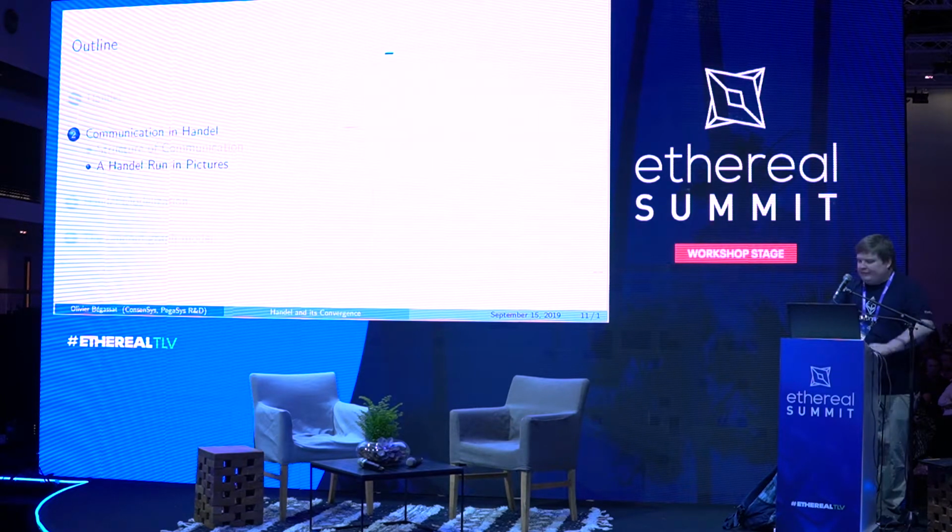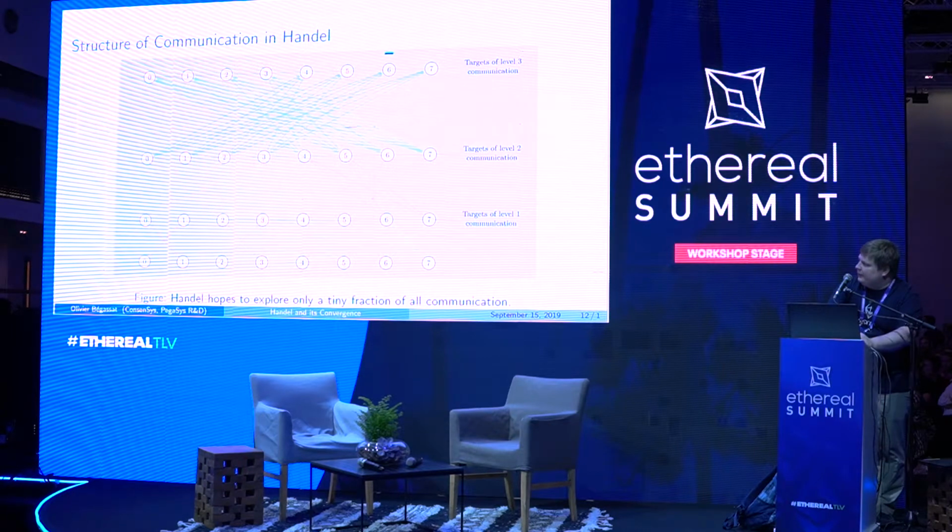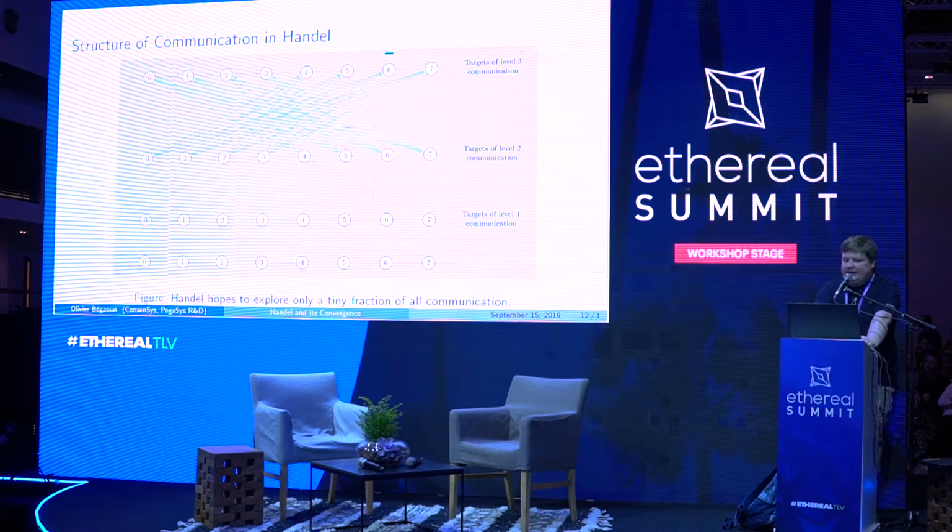So I'll give you an example now in pictures of a typical run in Handel, again with very few nodes. Again, this is the graph now with the edges not being highlighted as sharply as they were earlier. This is the graph of all potential communication, and Handel only wants to explore a tiny fraction of that. So Handel is supposed to work with nodes that start at different points in time.